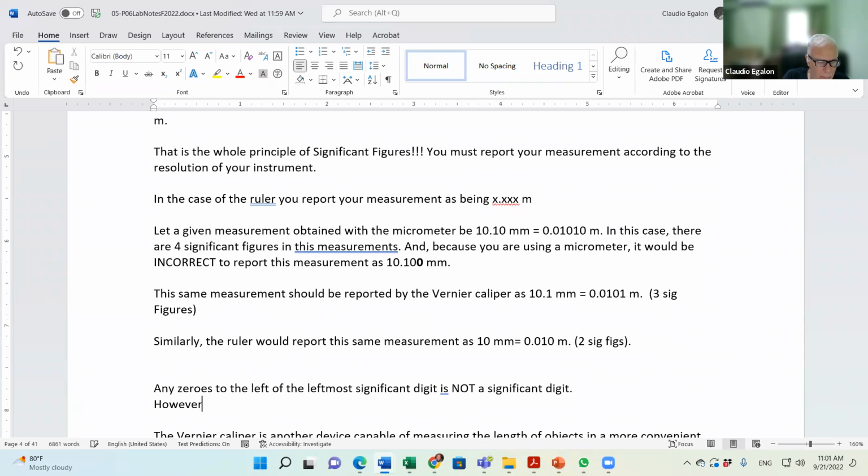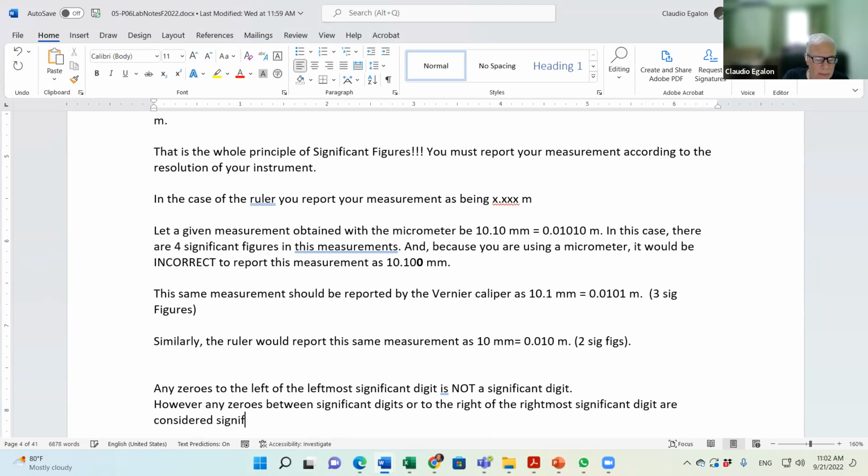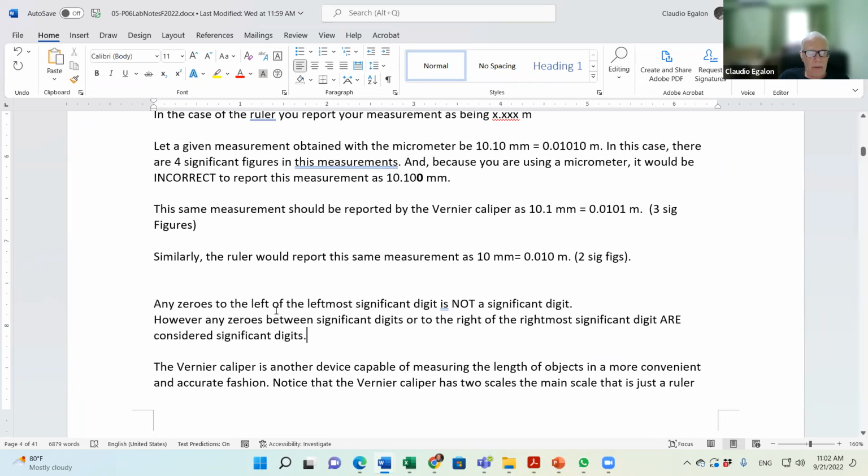However, any zeros between significant digits or to the right of the rightmost significant digit are considered significant digits. That's the rule that we have for significant digits.